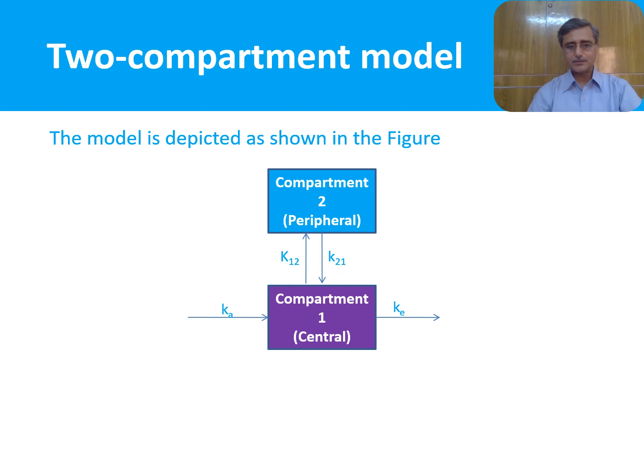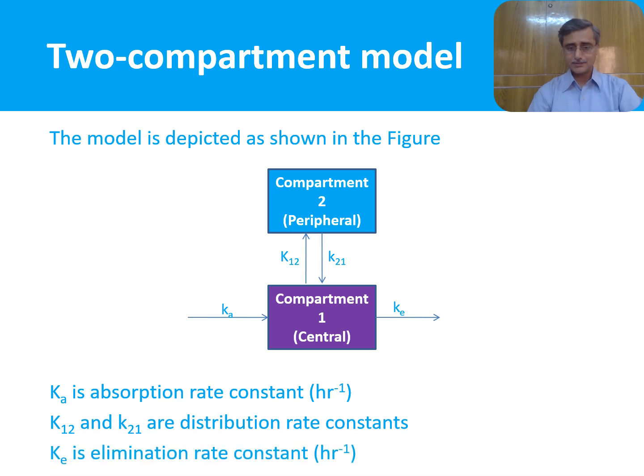Here we have compartment 1, comprising the highly vascularized organs, and compartment 2, the peripheral compartment. Just like in the one compartment model, the drug enters into compartment 1 and the rate of input is characterized by the absorption rate constant, Ka.